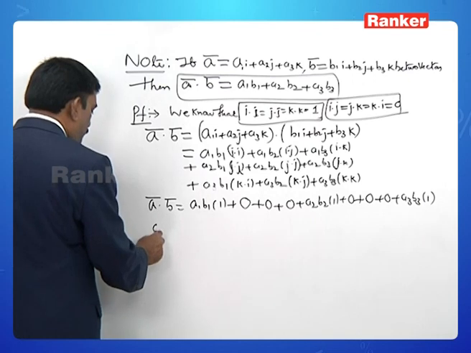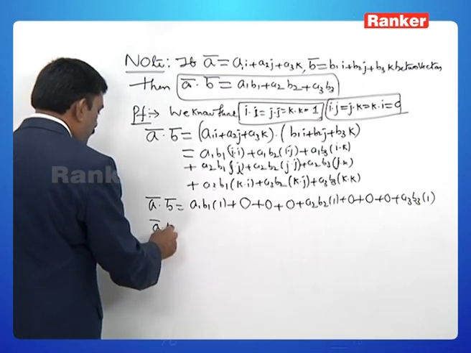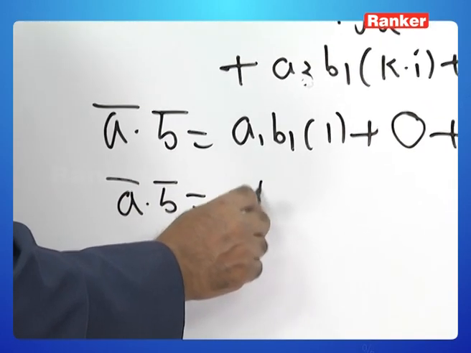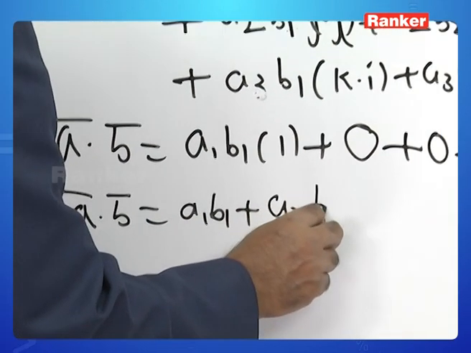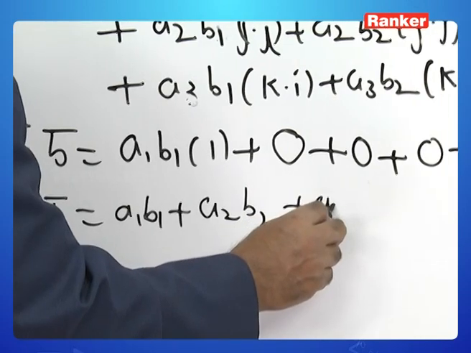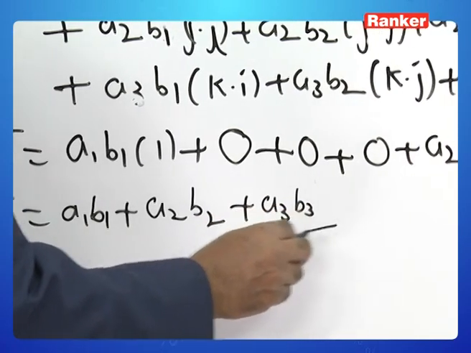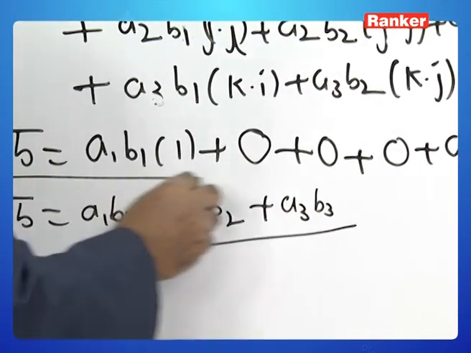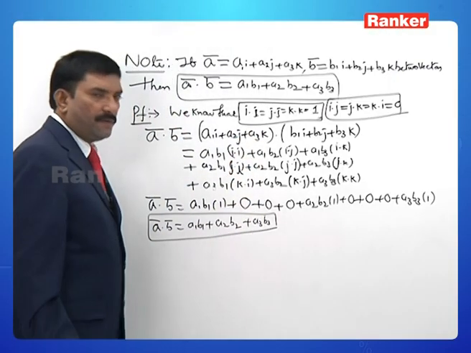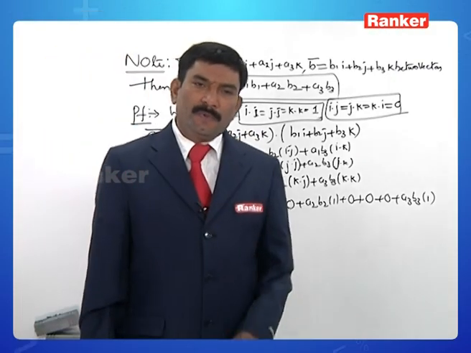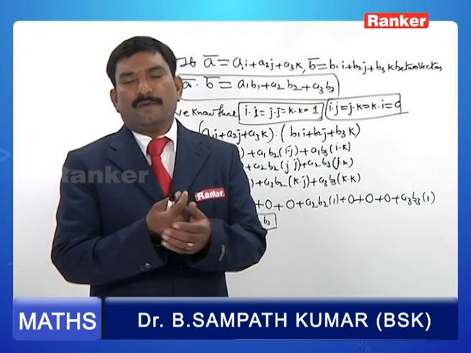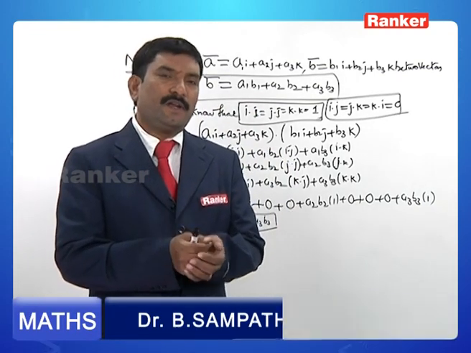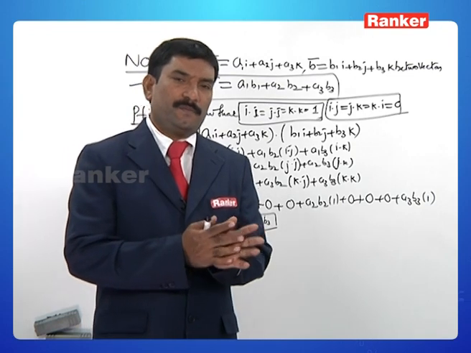So therefore, A1 B1 plus A2 B2 plus A3 B3, this we arrived at. So this is the ordinary dot product when the angle between the two vectors is not given.